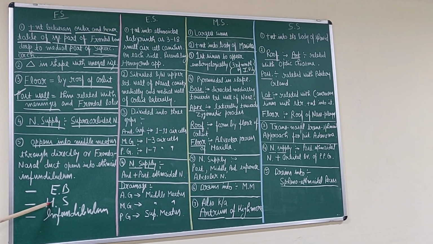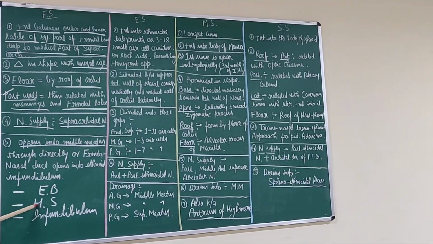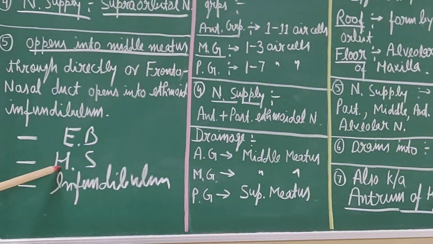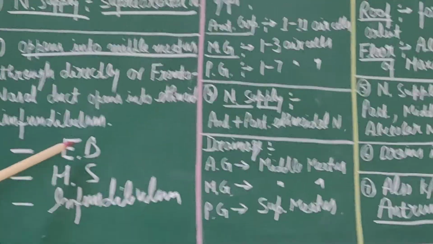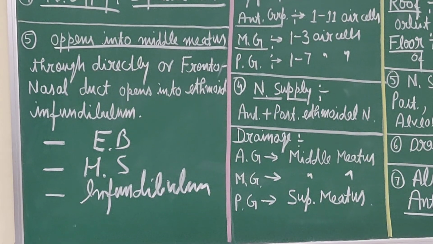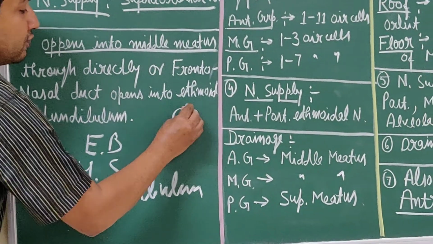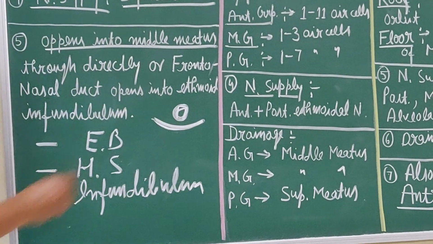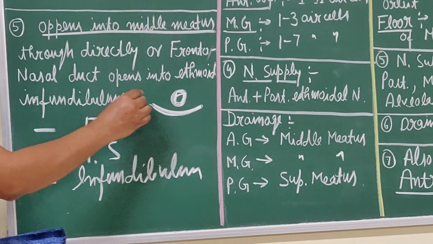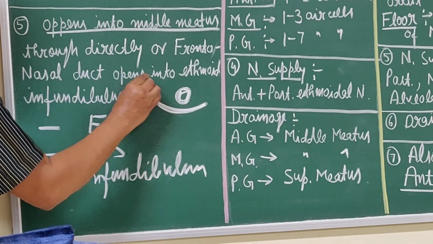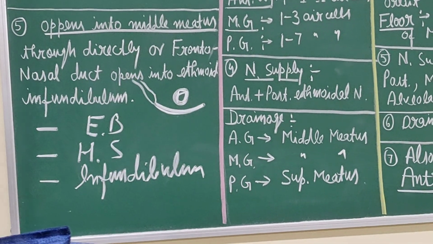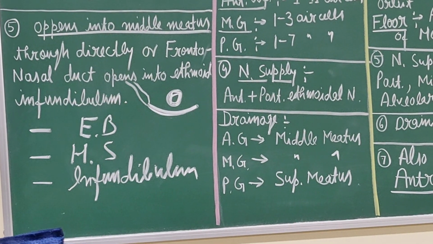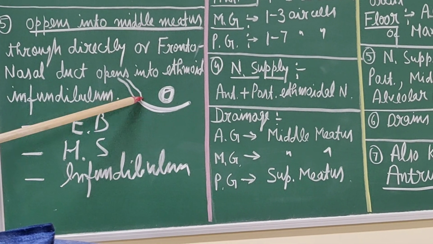Now the hiatus semilunaris is the deep semicircular sulcus situated deep to the ethmoidal bulla. This is the ethmoidal bulla and this is the sulcus. Its anterior end is connected with a blind diverticulum, which is known as the infundibulum.